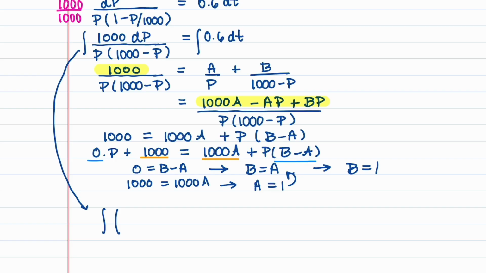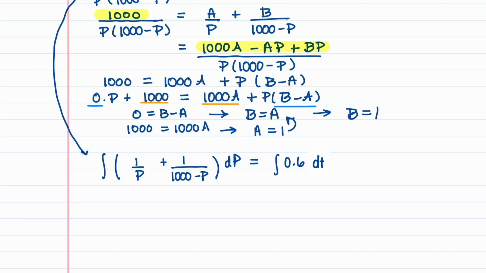Our first piece is A divided by P, so that is 1 over P. And then our second piece is B, which is 1, all divided by (1,000 minus P). And then we have our right-hand side, the integral of 0.6 dt.